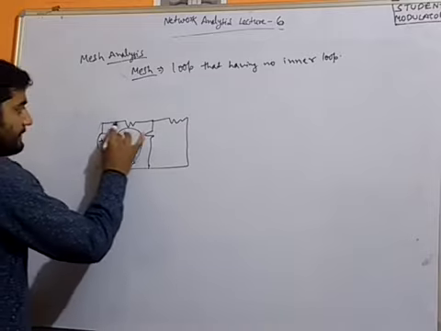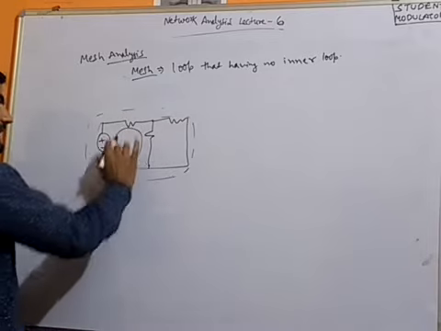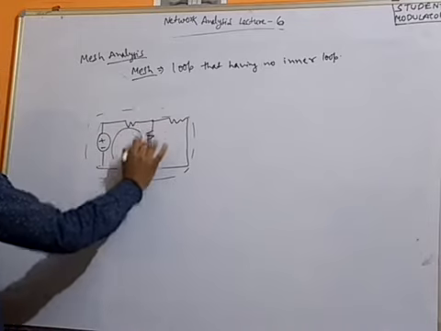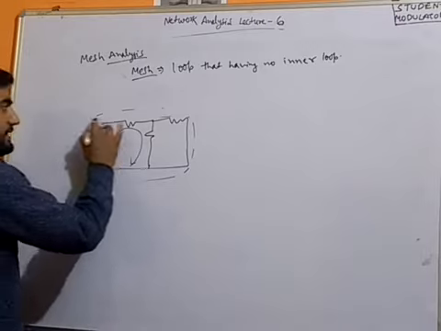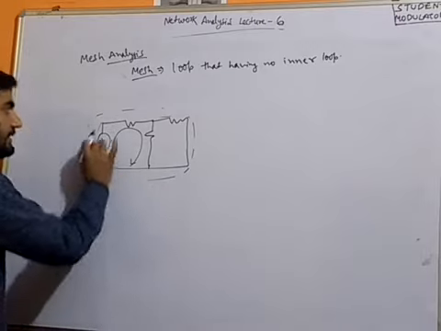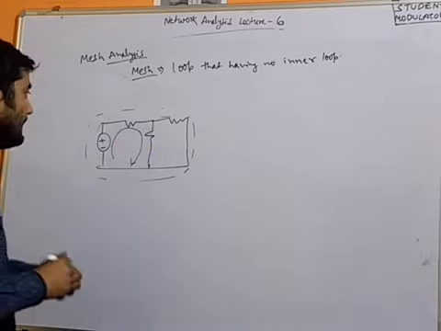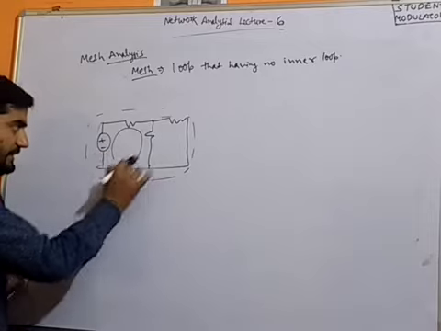But if we consider this loop, then inside it there is another loop, so this will not be considered a mesh, but this one is. So it is clear that a mesh is a loop having no inner loop.